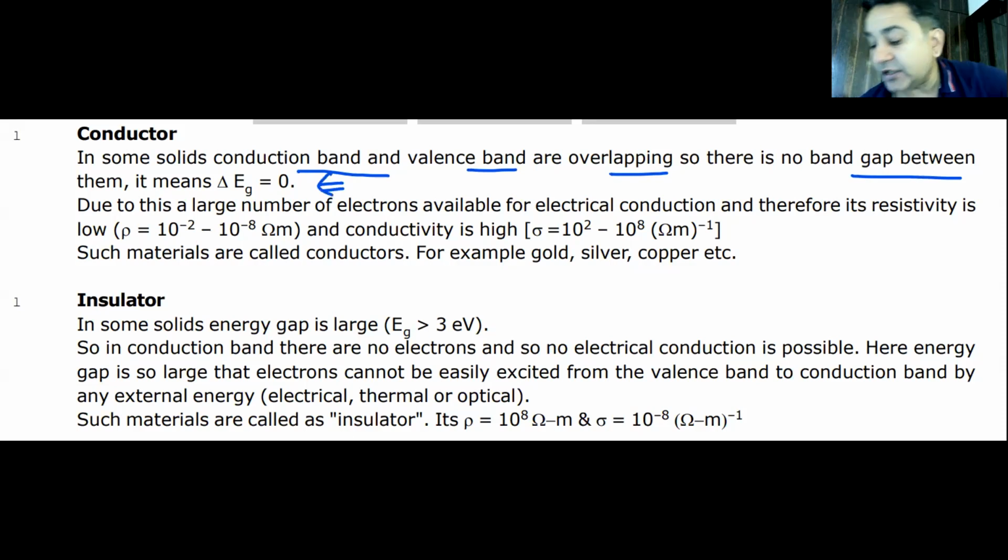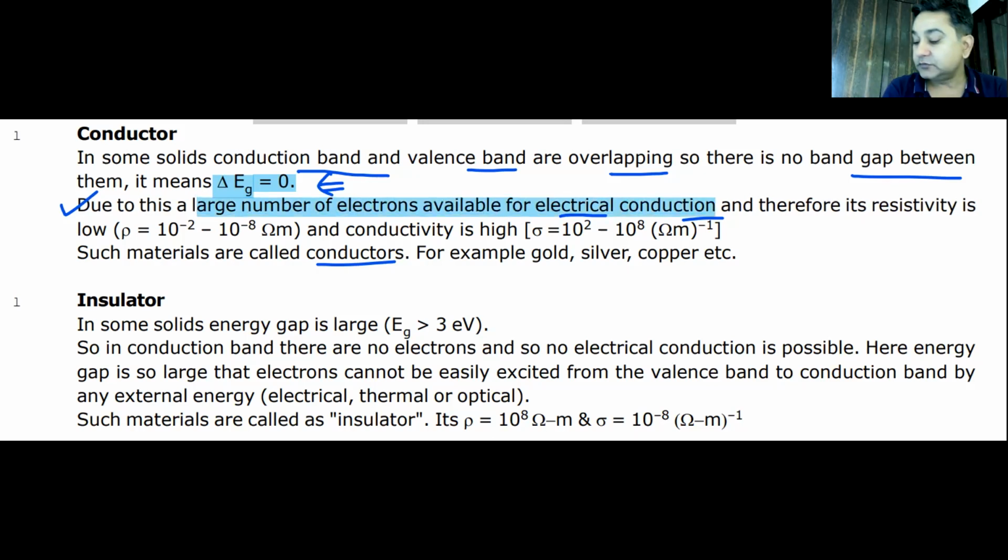The value of delta Eg, which is the forbidden energy gap, is 0, due to which a large number of electrons are available for conduction and therefore they become good conductors. Important point to note here is that the forbidden energy gap is 0. A large number of electrons are available for conduction in the conduction band. Such bodies are known as conductors. We understand conductors, yes or no?